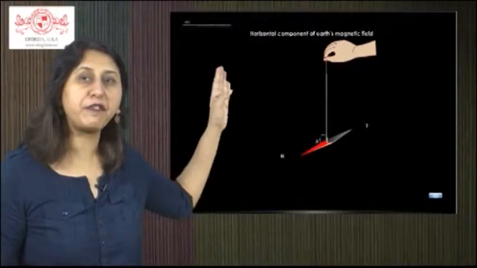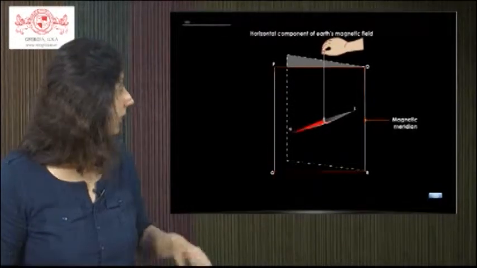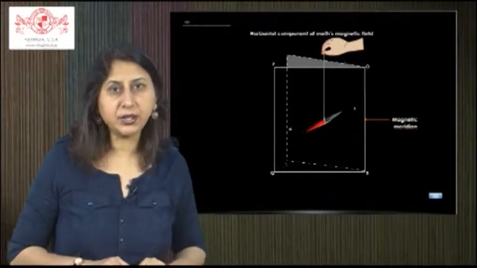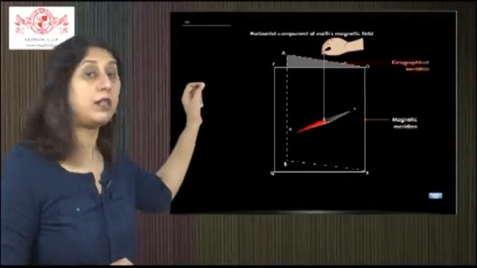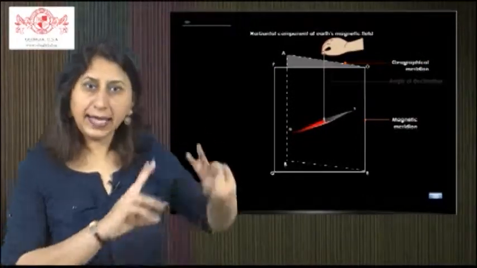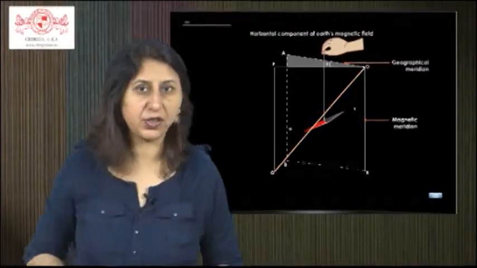Shown here is a freely suspended magnetic needle NS. The vertical plane OBQR passing through its axis is the magnetic meridian. The plane OABR is the geographical meridian. The angle between these two planes is the angle of declination.